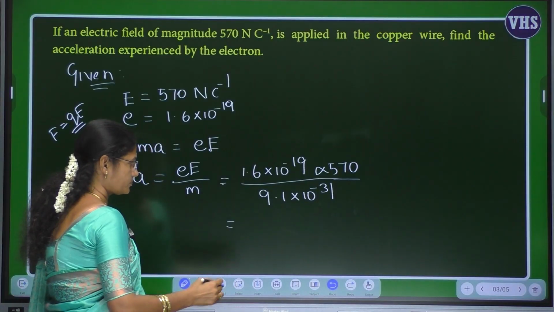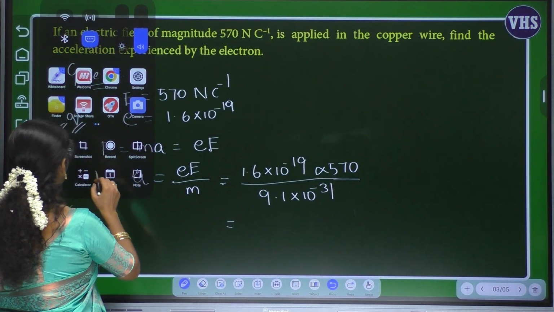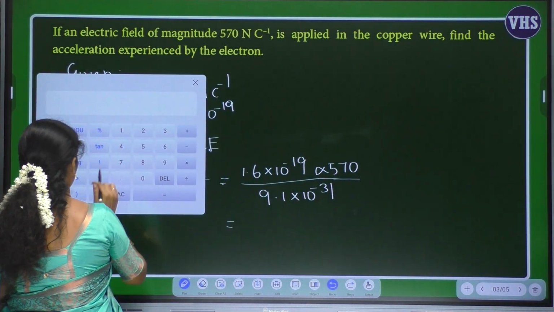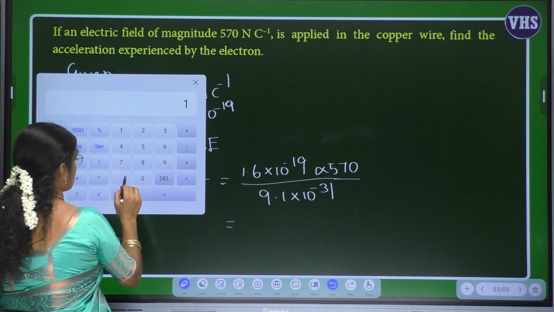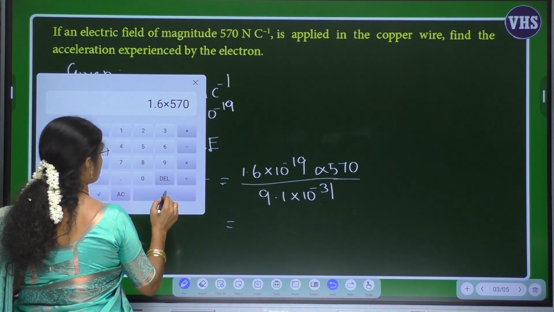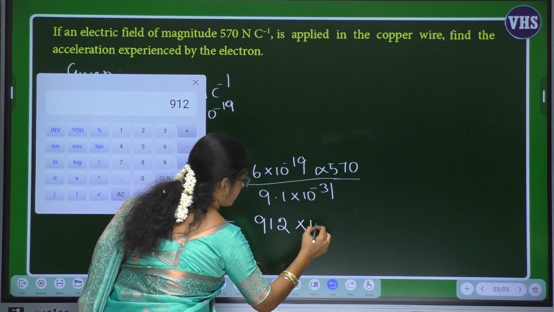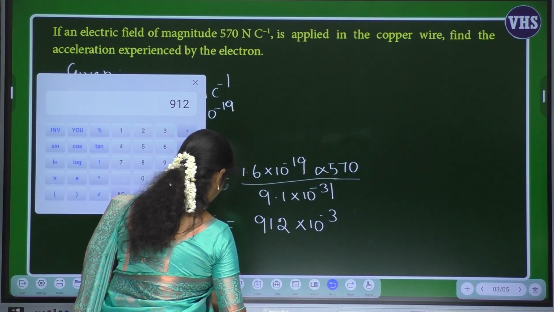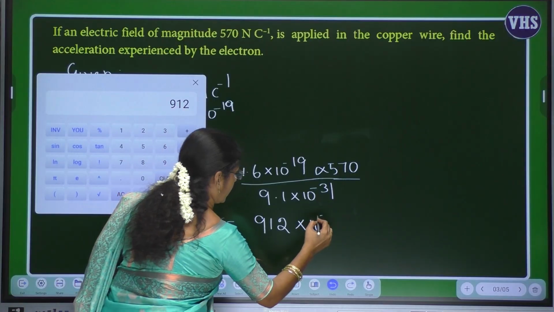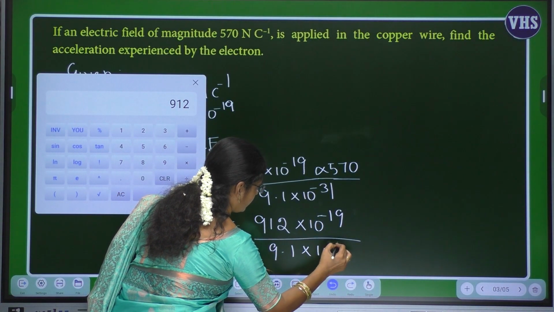Okay, so you can simplify this value. 1.6 into 570, so what is the value? 912 into 10 to the power of minus 19 divided by 9.1 into 10 to the power of minus 31.